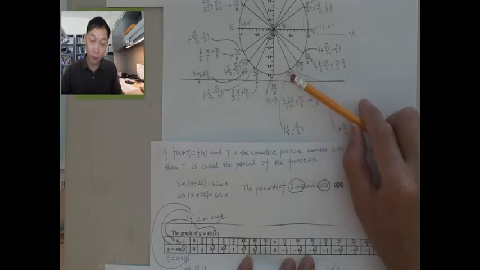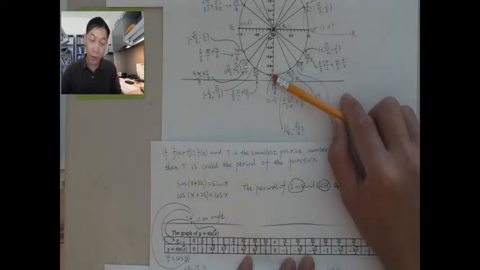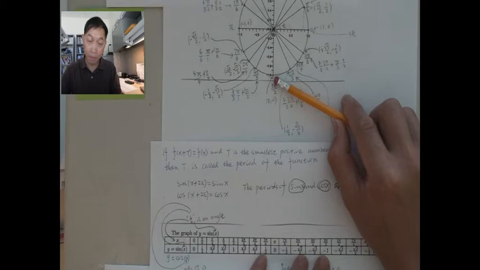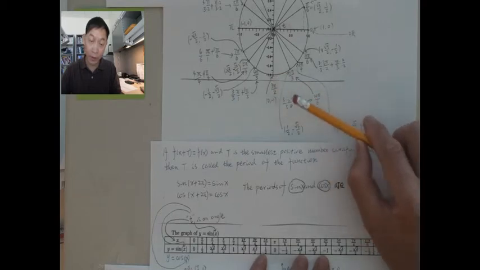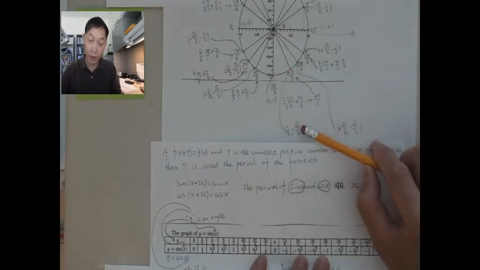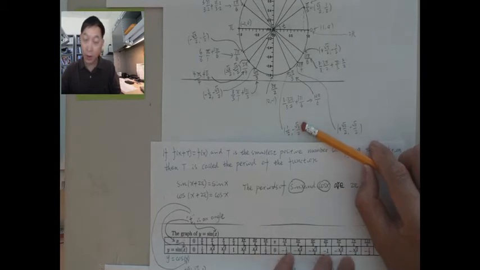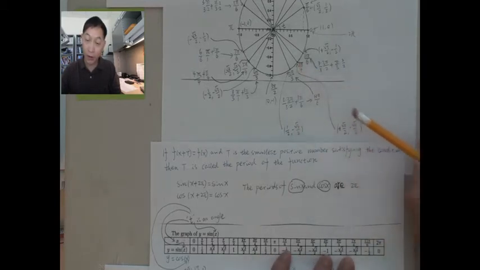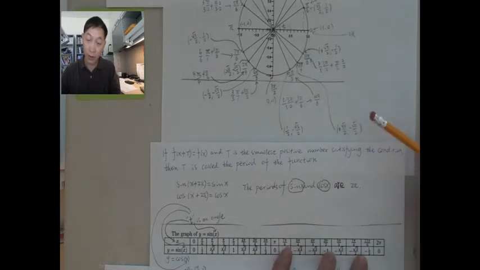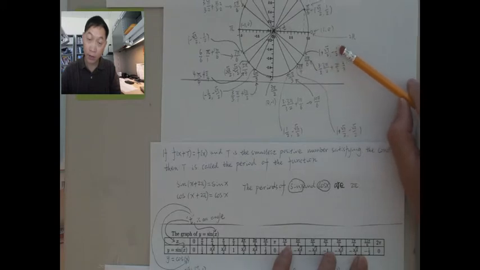So here we have this point is -1, y coordinate, and then this point is negative radical 3 over 2, and then this y coordinate is -2 over 2. This y coordinate is -1/2.